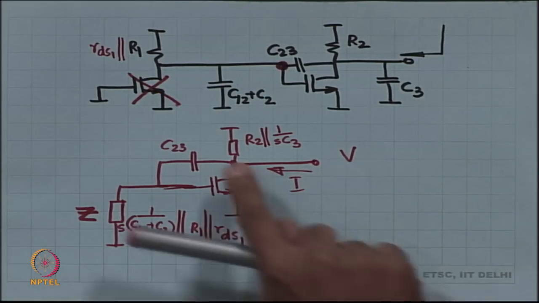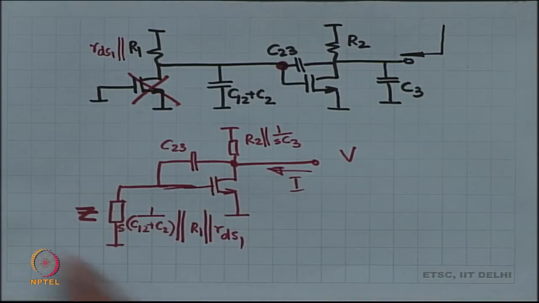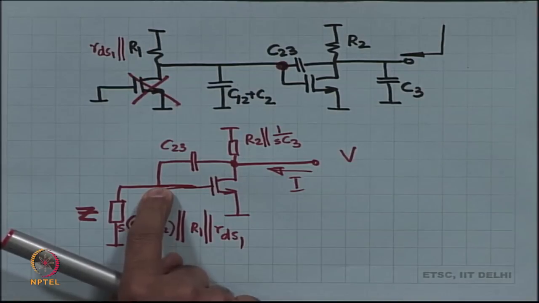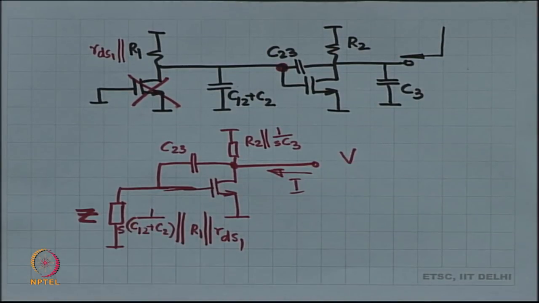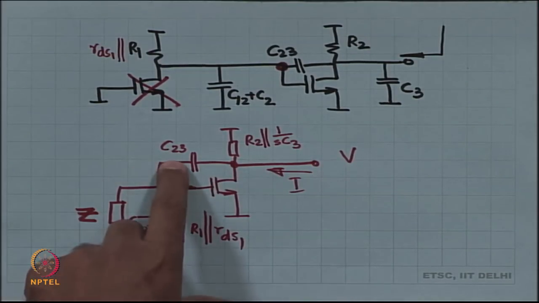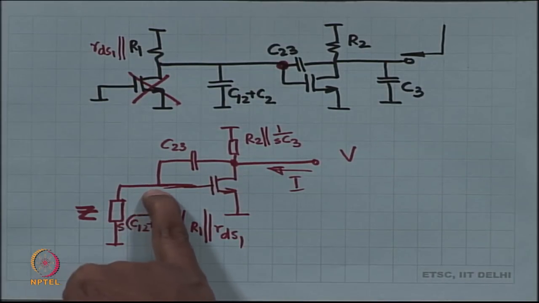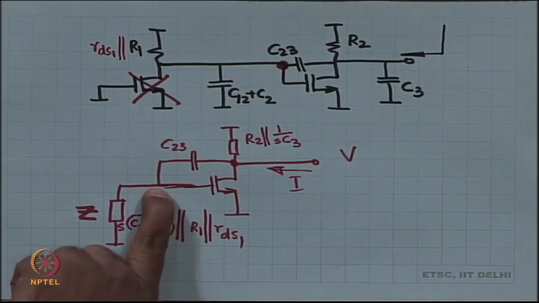Now, when you have applied voltage V, there is going to be voltage division between C23 and this impedance Z, and therefore, you will get some voltage at the gate, it will not be 0 anymore. Alright. So, this is the big deal over here, this is the problem. The presence of this C23 has coupled the voltage at the output back to the gate of the second MOSFET M2.